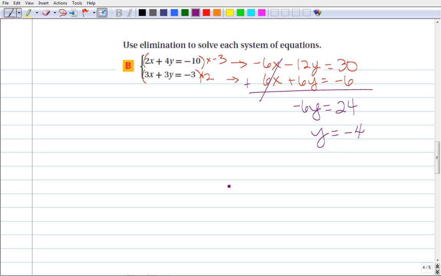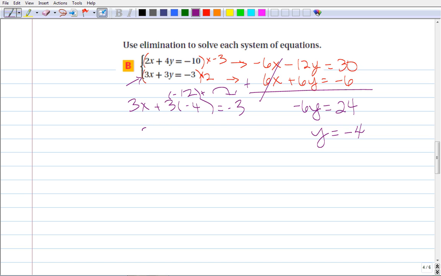Then to get our x value, you can just go back and plug it in. So if we did it in the second one, if we have 3x plus 3 times -4 equals -3, well, that's just -12 right here. So I'm going to add that over to this side.